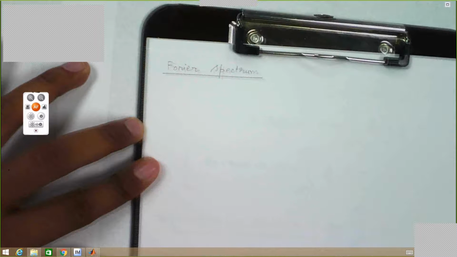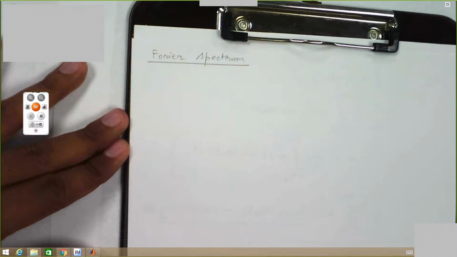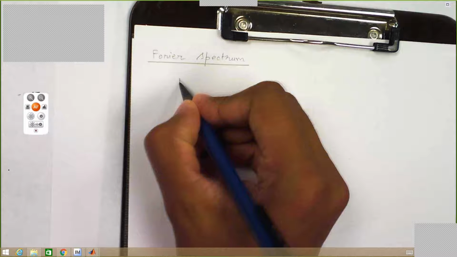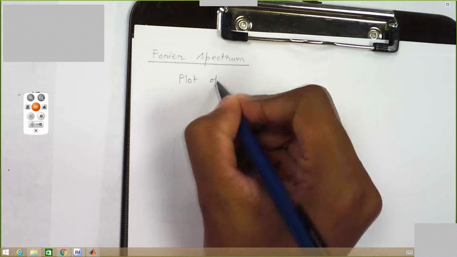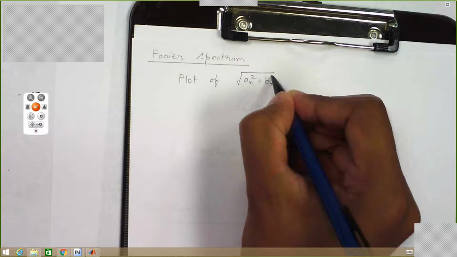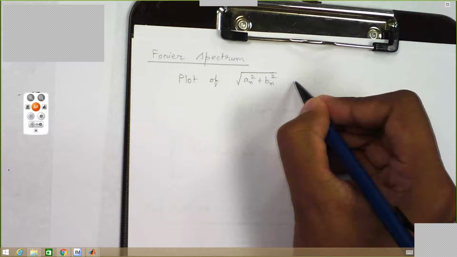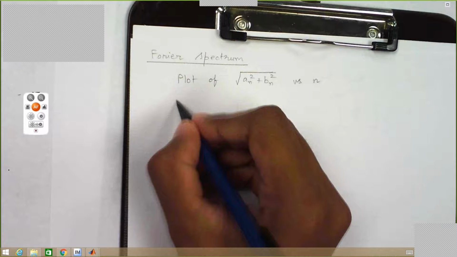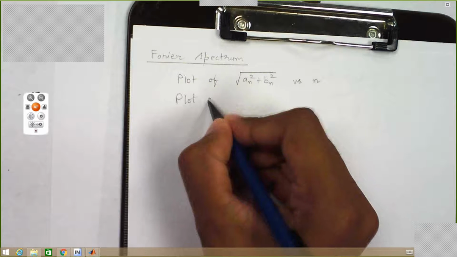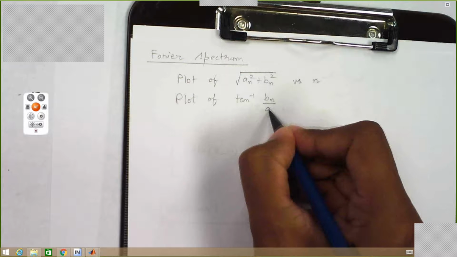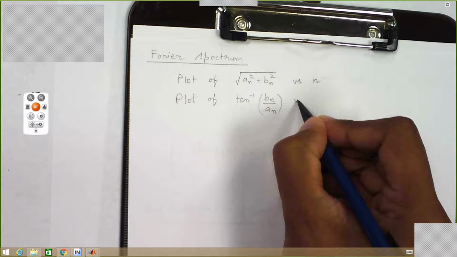A Fourier spectrum is nothing but a plot of the square root of an square plus bn square versus n, and also a plot of tan inverse of bn over an versus n.